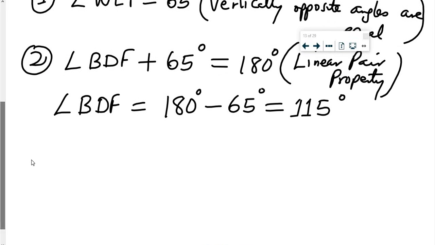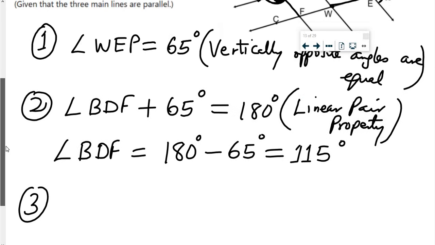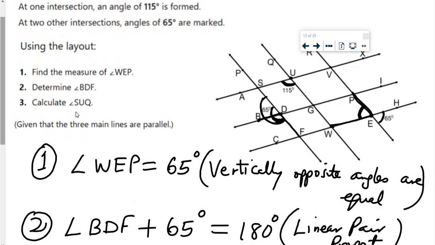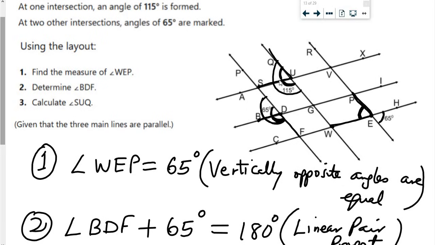Question number 3. Calculate angle SUQ. SUQ, they mean this angle here. Also, we are going to use linear pair property, which says angle SUQ plus 115, answer is 180.